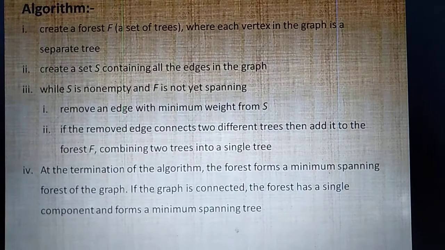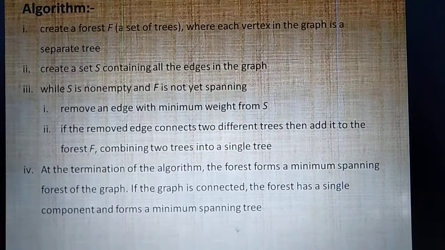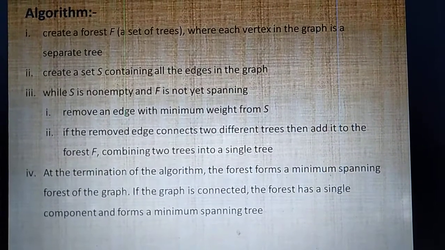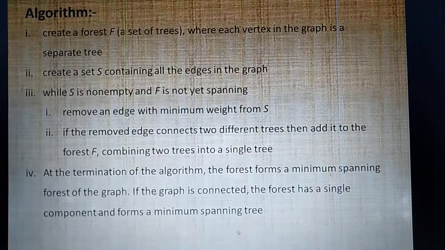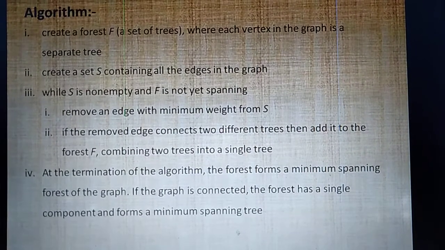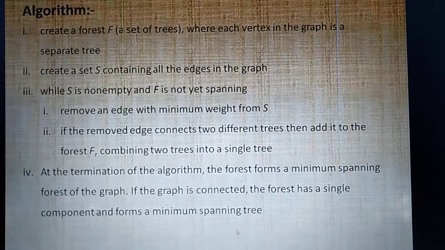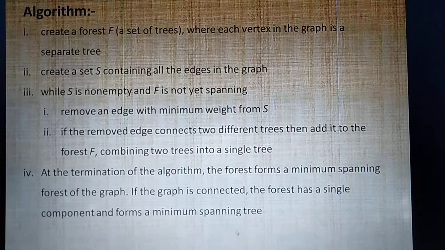Forest means the set of trees, combining two trees into a single tree. At the termination of the algorithm, we will find that the forest forms a minimum spanning forest of the graph. If the graph is connected, the forest has a single component and forms a minimum spanning tree.